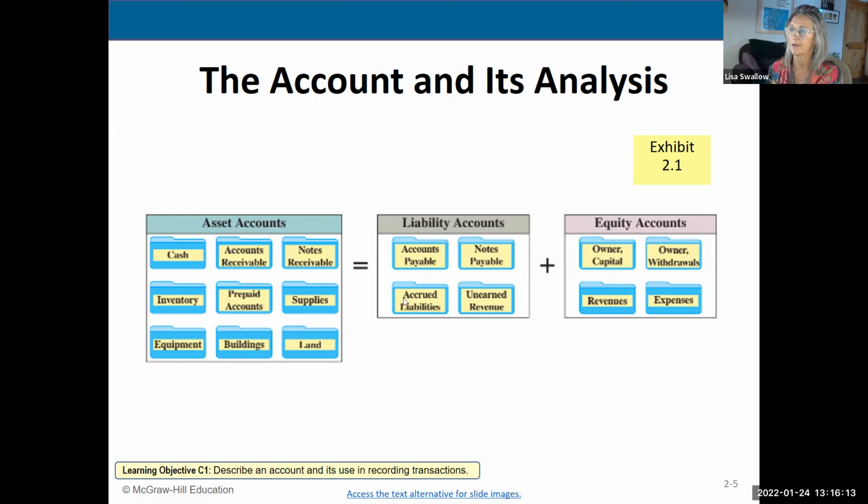So that's an asset. Here's my liabilities. We recognize the word payable. Whenever you see the word accrued, that means you owe somebody something. And also when you see the word unearned, that's a liability.